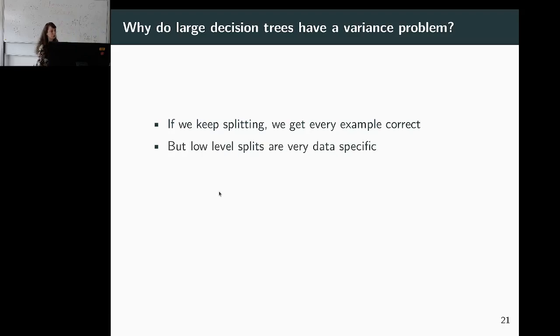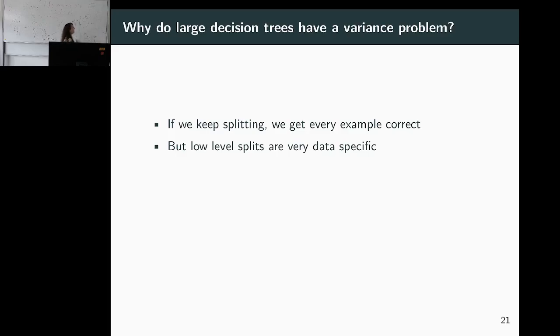Low-level splits are very data specific. At first, we have a lot of examples and can draw from a lot of data, and these are probably good splits. But in the end, we actually split for only one example. So those lower splits are very data specific.